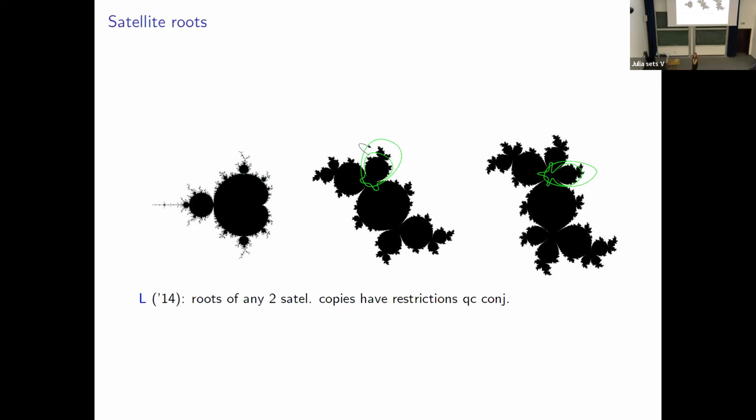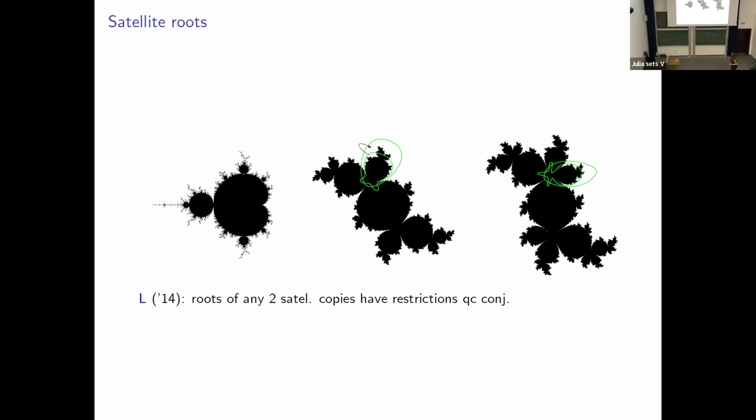They all have a common model, which in this case is the root of the parabolic Mandelbrot set. But this one will be another talk. This is just to say that the roots of satellite copies dynamically have restrictions which are hybrid equivalent.